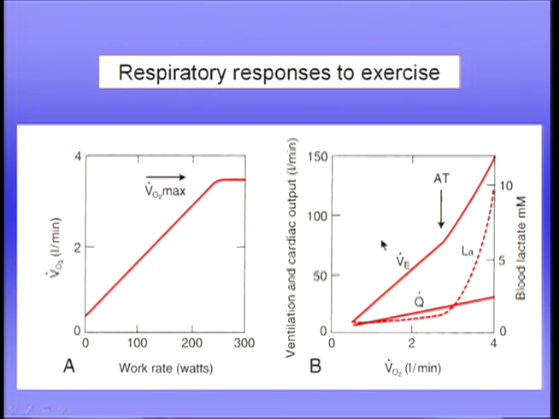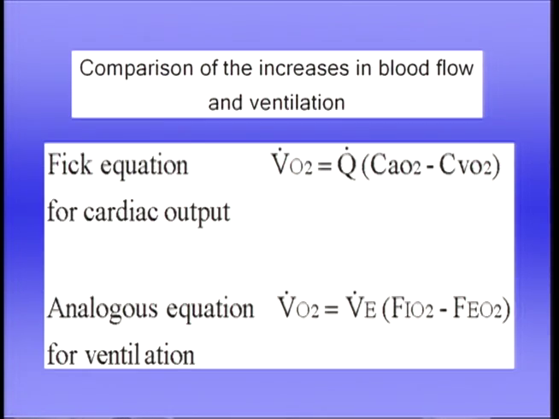But it's also interesting if we look at the Fick equation for oxygen consumption on the blood flow side and an analogous equation on the ventilation side. Here's the Fick equation that you'll recall. The oxygen consumption is equal to the cardiac output times the difference between the oxygen concentration in arterial blood and mixed venous blood. That V should really have a bar over the top to indicate mixed venous.